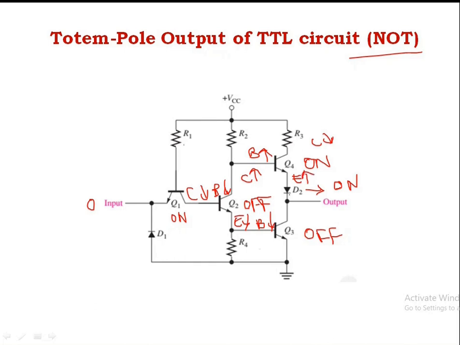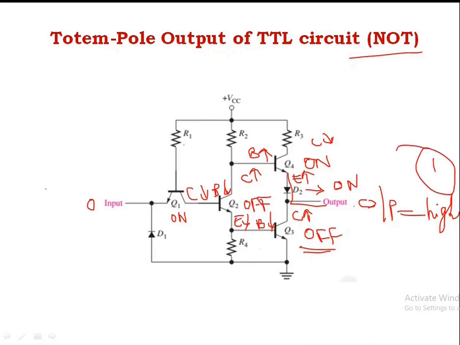So you have connectivity here, and also Q3 is off, which means this collector voltage is also high. You are getting both high, so your output will be high. High output means your value is 1. So I am giving 0 here, and you are getting your value as 1.